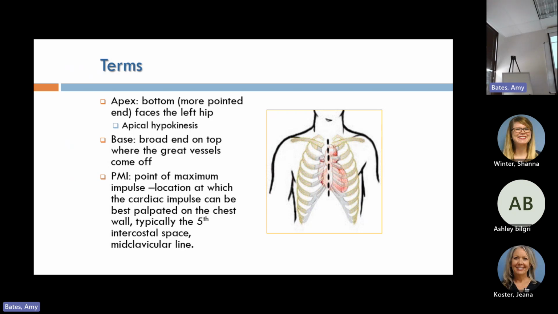So knowing that, if somebody says they have apical hypokinesis, what kinds of things would you anticipate or be seeing? Potentially that patient could have cardiogenic shock, could have a low ejection fraction, low blood pressures. So again, just understanding what those terminologies mean.